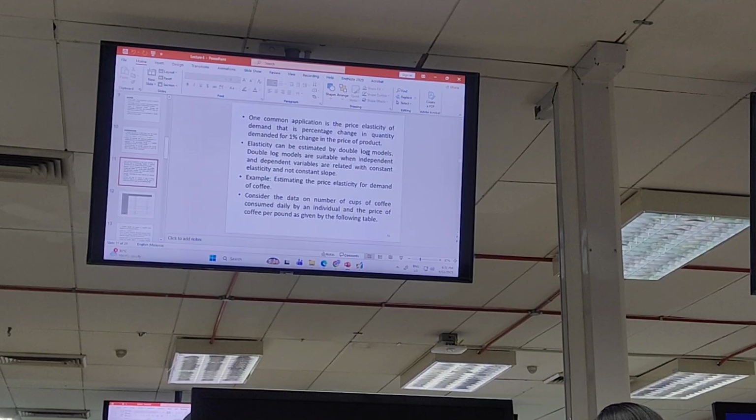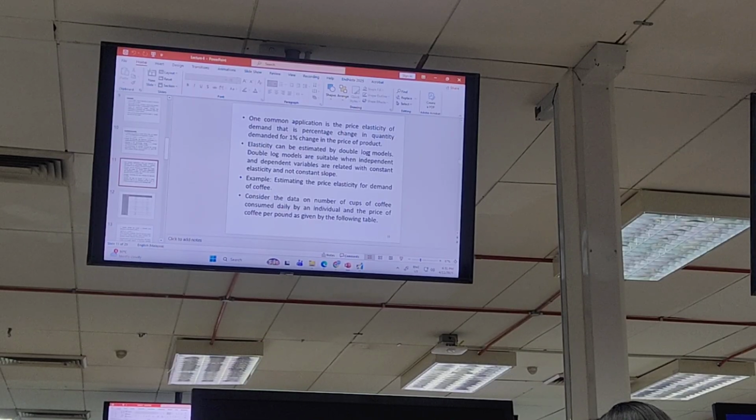No need to calculate. You can just take the estimate of the slope. The estimated slope gives us the estimated elasticity between variables. Double log models are suitable when independent and dependent variables are related with constant elasticity and not constant slope.